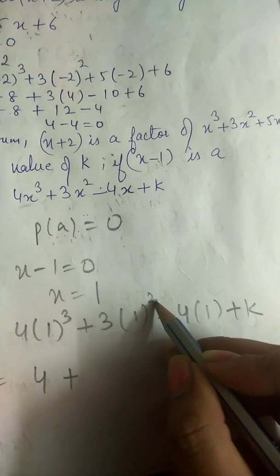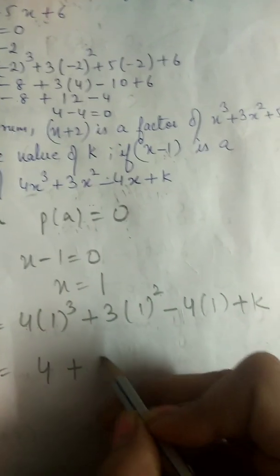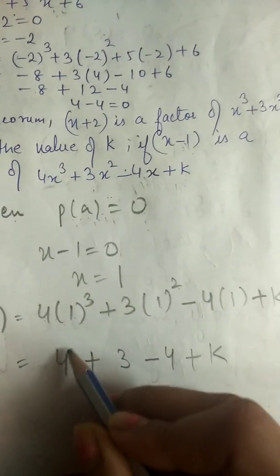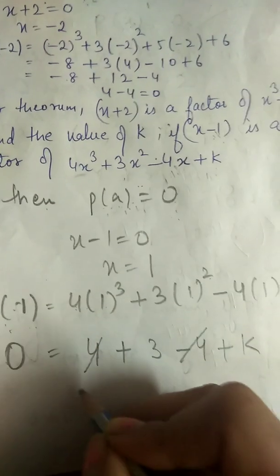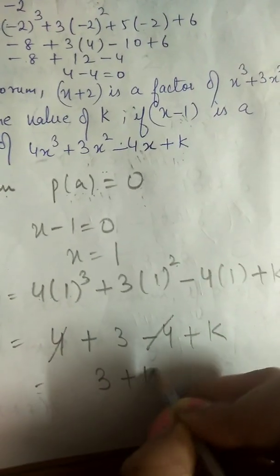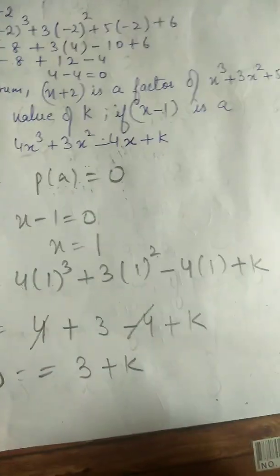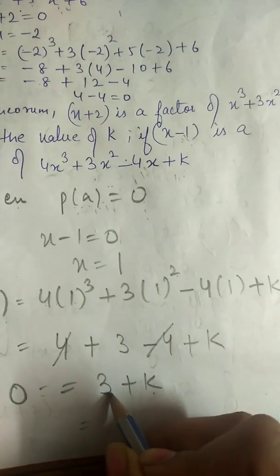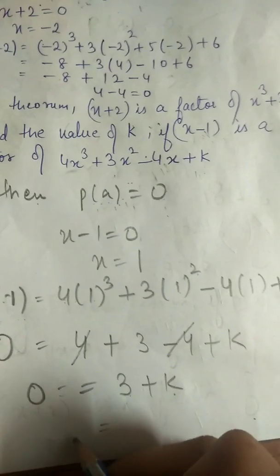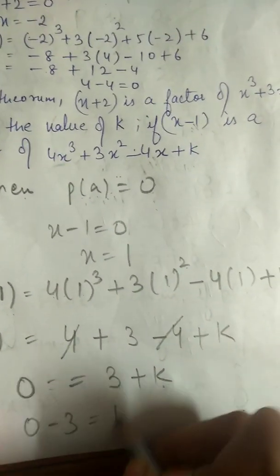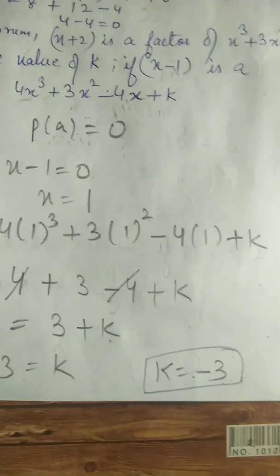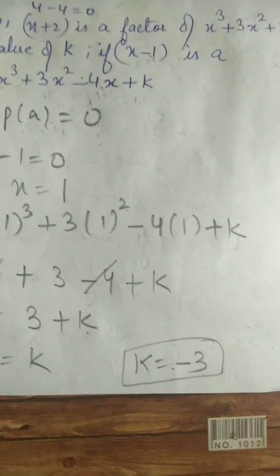Plus 1 square is 1, so 1 into 3 is 3. Minus 4 plus k. Now plus 4 minus 4 cancel out. 3 plus k is equal to 0. We have to find k. Now this is plus 3. Take 3 to the other side. 0 minus 3 is equal to k. That means k is equal to minus 3. This is your value of k.